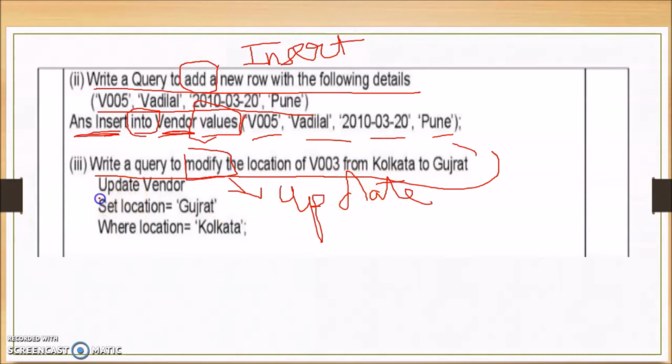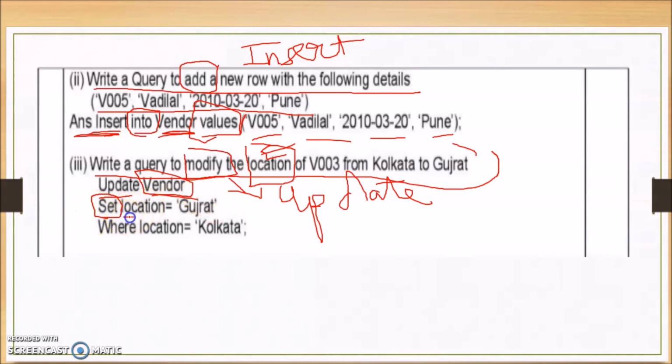How to write it? Update, then vendor is the table name, then set is always a keyword used with update. Location: the question is talking about the location, so this location is a column which I want to change, which I want to modify.